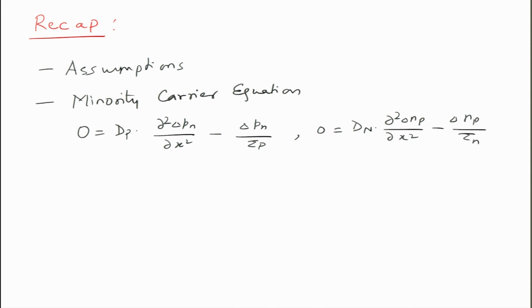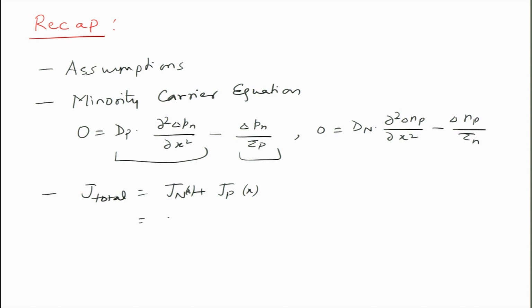Because you are only considering the diffusion of carriers and recombination, we also said that the total current within the semiconductor J total was equal to Jn plus Jp at any given x, okay.